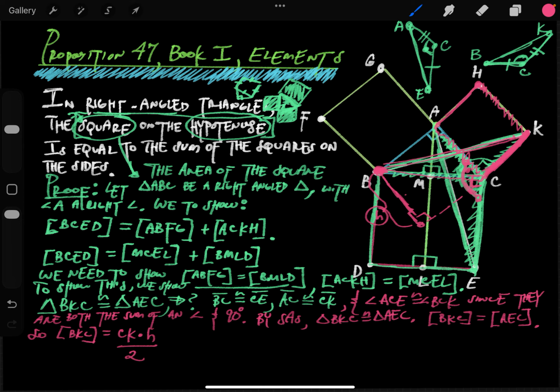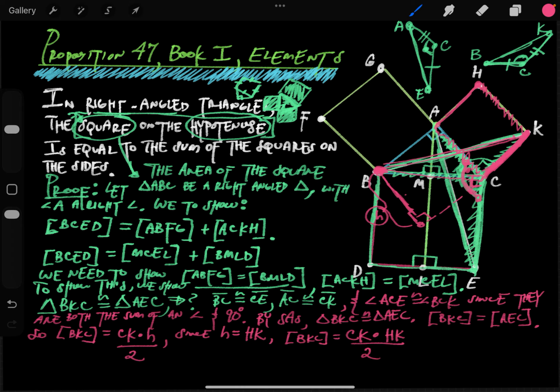So since the height equals capital HK, we have this relation: the area of BKC is equal to CK times HK divided by 2.